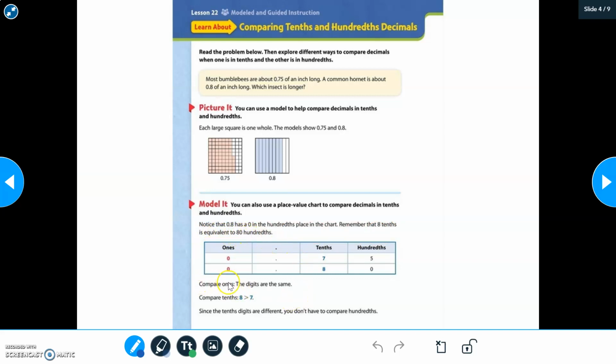So it says compare the ones. The digits are the same. Both of them have zeros. Compare the tenths. You have a 7 and you have an 8 in the tenths place. We know that 8 is greater than 7. So that lets us know that 8/10 is greater than 7/500.